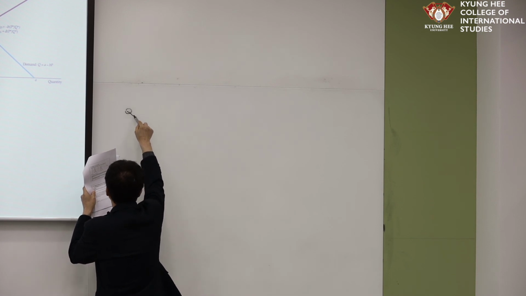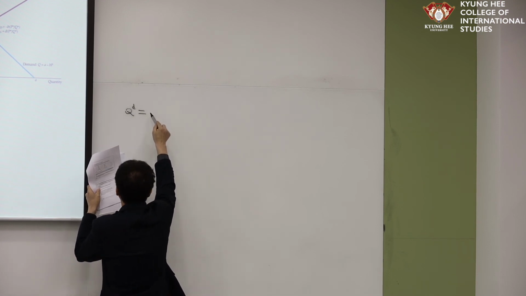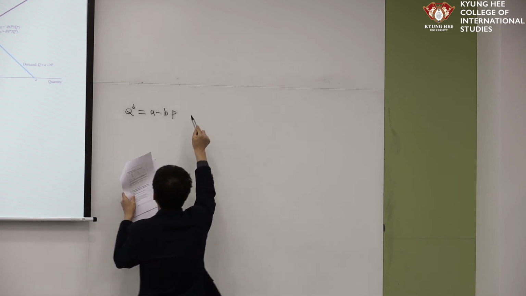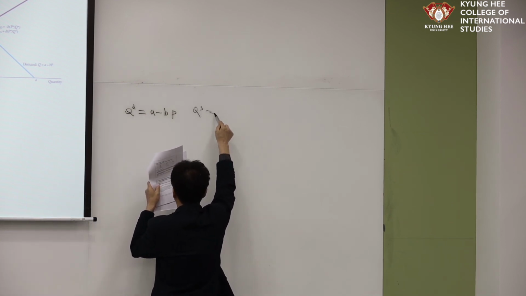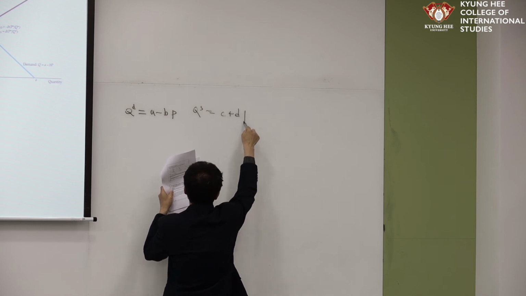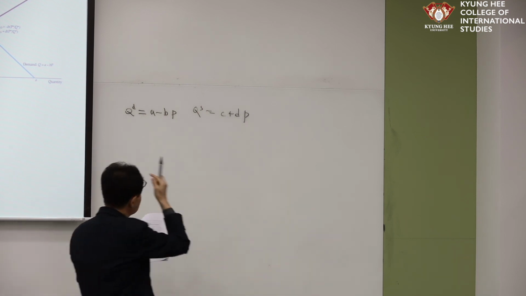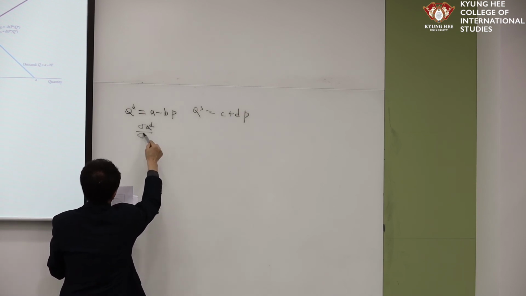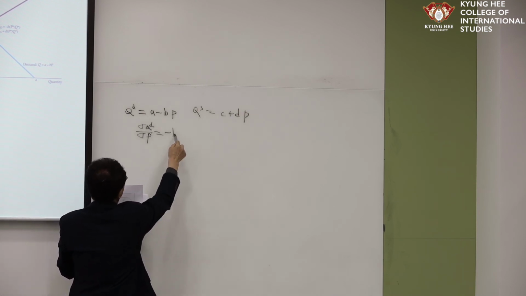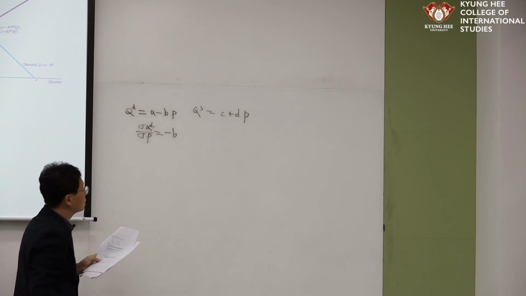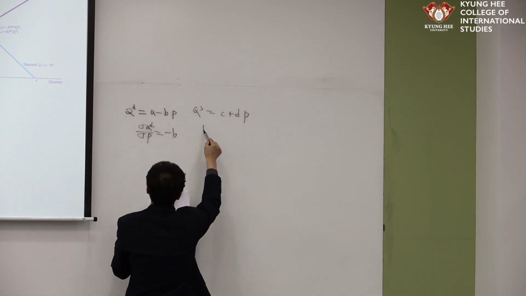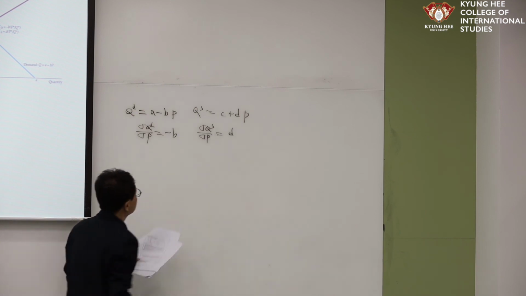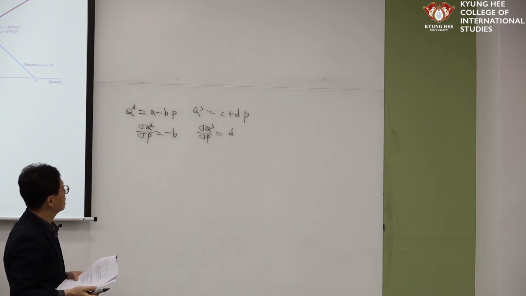Quantity demanded is equal to A minus BP, right? And quantity supplied is equal to C plus DP. From here, we know the change in QD over the change in price is equal to minus B, right? And for the supply curve, the change in QS over the change in price is simply the first derivative of this function, like this.